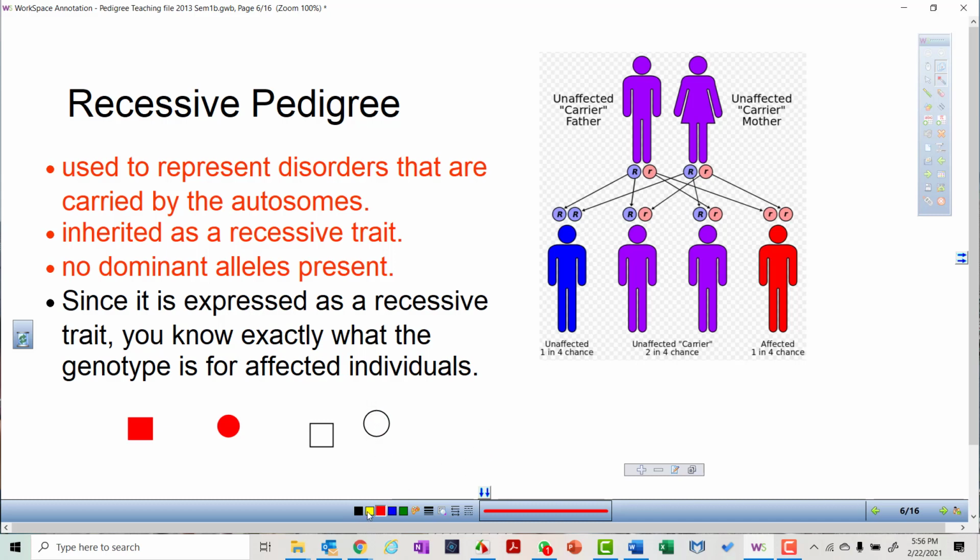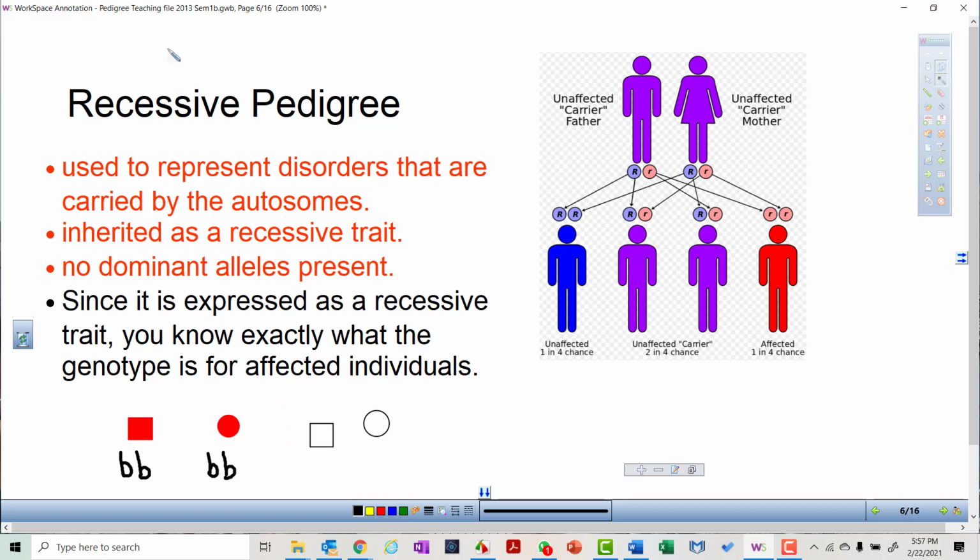All right, so as I take a look at this, anything that is solid has the trait of interest. And I'm telling you that it is a recessive pedigree. So that means the genotype of this must be 2 small b's. Again, it doesn't matter if you're male or female for this. When it doesn't matter, we say that the gene is carried on an autosome.